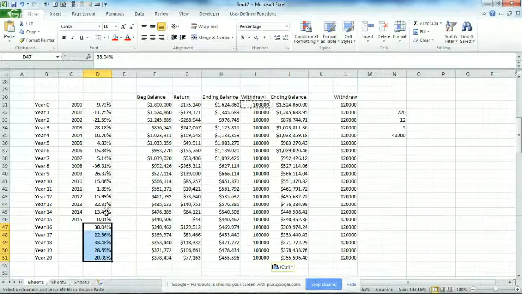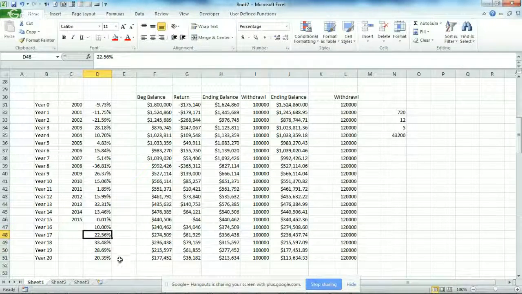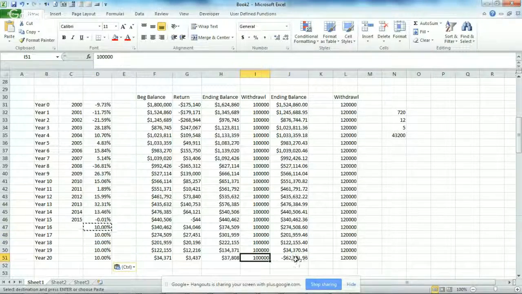So this might be a little too optimistic a return. If we were to change it to, let's say, 10%, even with 100,000 you are going to run out of money.